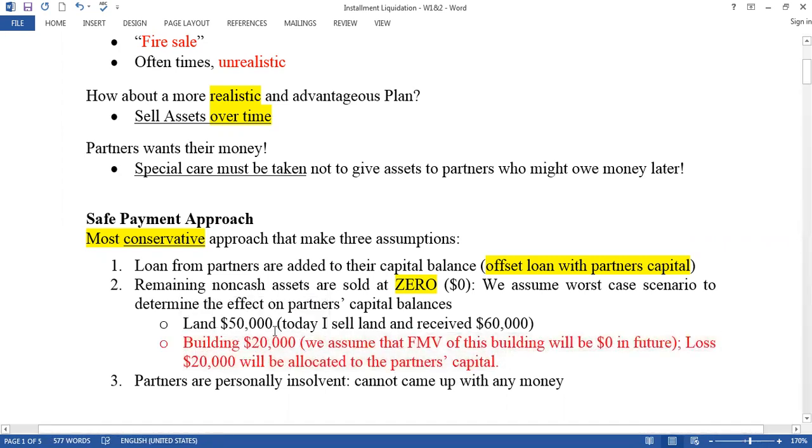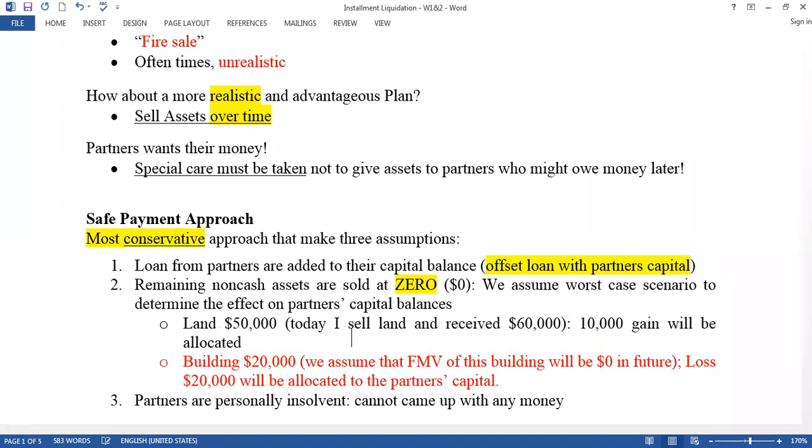So here we sell our land today, receive $60,000, and our gain is $10,000. This gain will be allocated to the partners' capital.